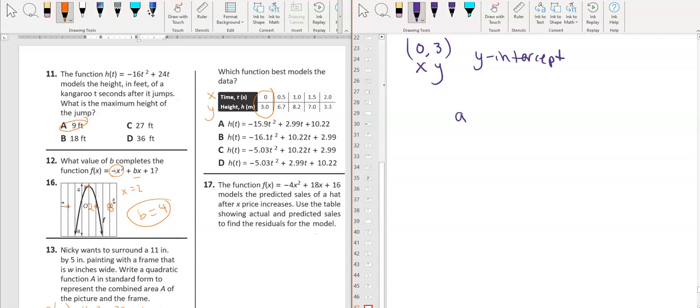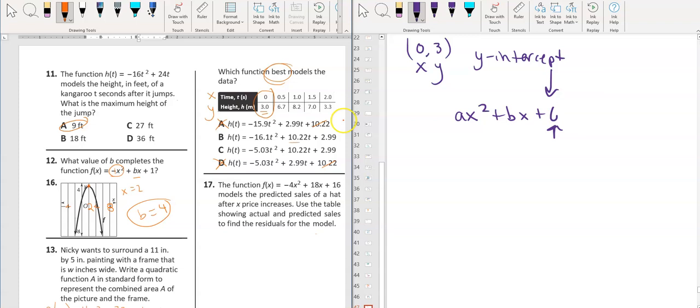And in standard form, C is our y-intercept. So I already know that 3 is basically going to be C. Now, remember, this says which one best models the data, meaning this is not going to be perfect. So I automatically know it cannot be A or D because their C's are way too big. 2.99 is a good estimate for our C.